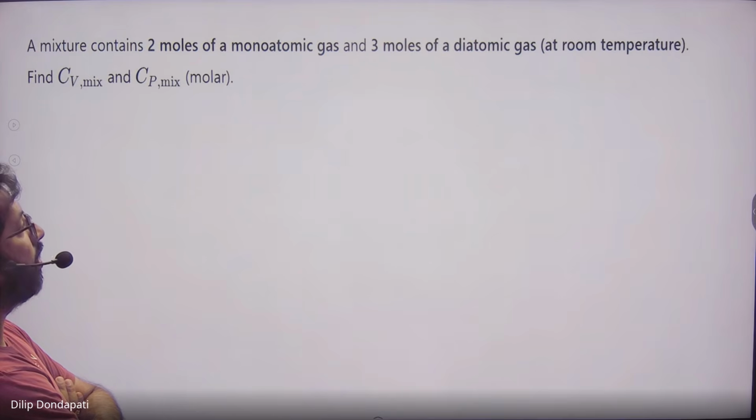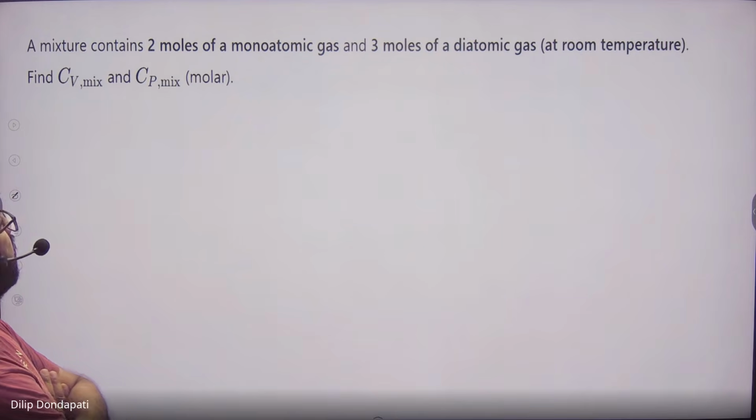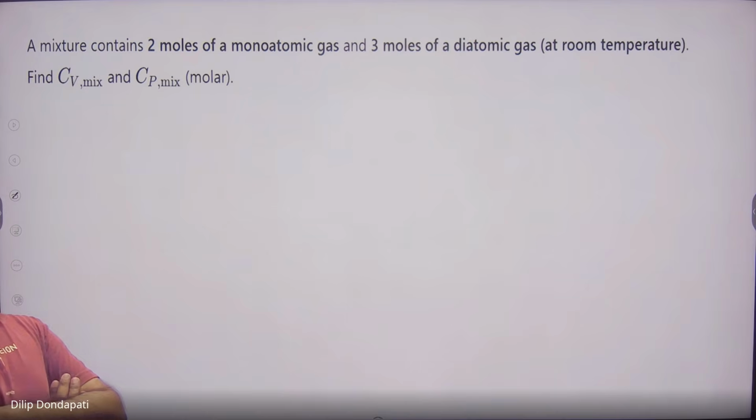Each gas is different, and again there are two different gases. So first calculate separately, CV1 and CV2 separately. I got CV as 2.1 R and CP as 3.1 R. No, wrong.